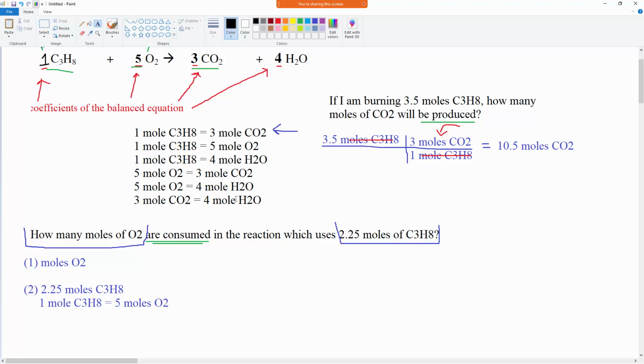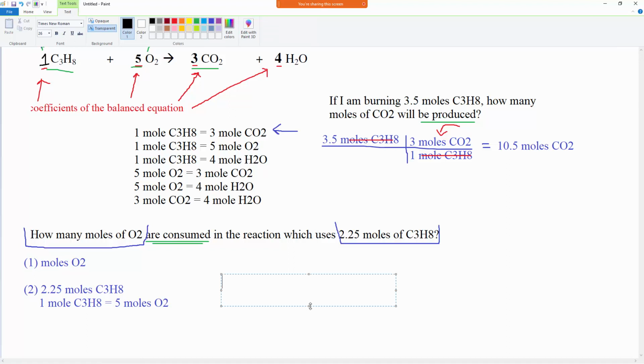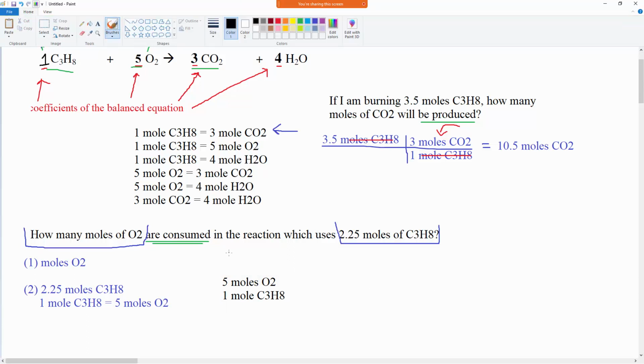So to set this up, what if we started with 5 moles of oxygen? Can I do that? Yeah, I can do that. I'm going to go backwards because I know I want moles of oxygen, so I'm just going to put moles of oxygen on top where I want it, and then I'm like, how do I get rid of moles of C3H8? What else have I got here?